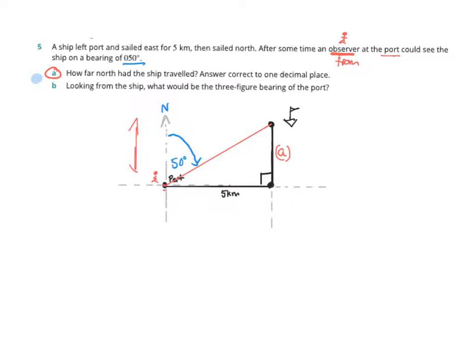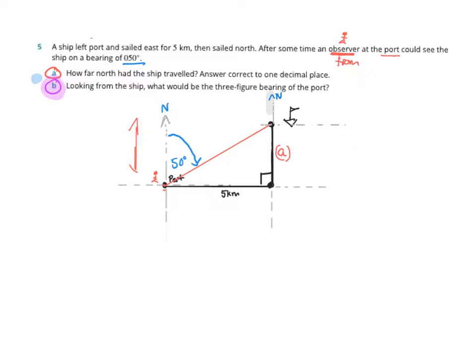Then if we look at question B, it says looking from the ship. So we're now from the ship. So remember when I said from the ship means you've got to start from the ship's north. So if I put the little compass bearing in there like that, so you're starting from its north.